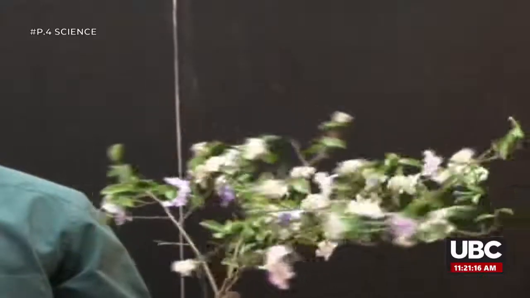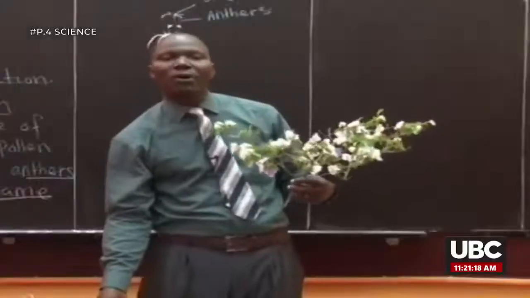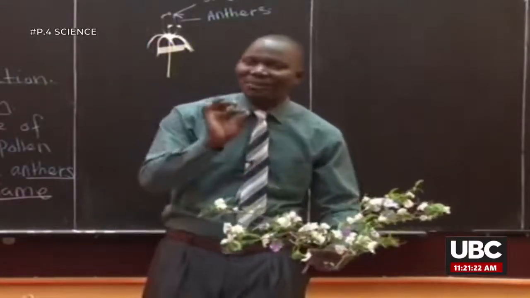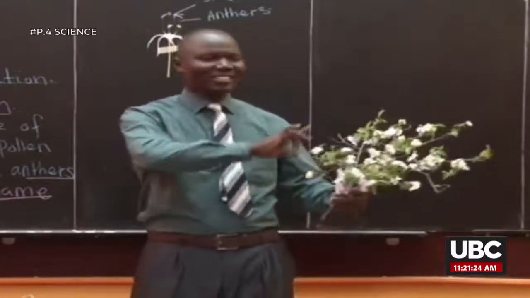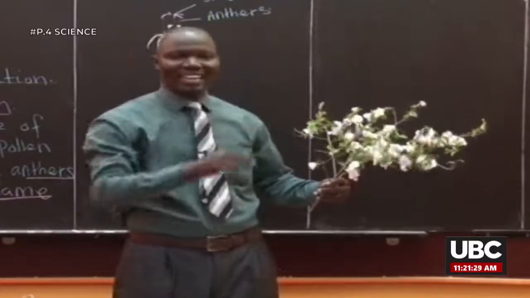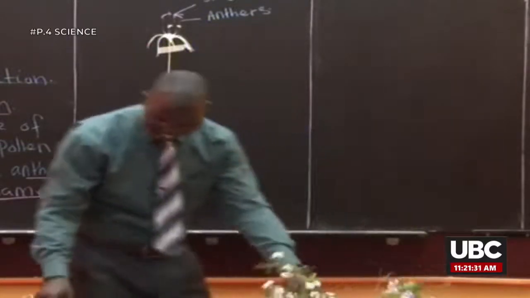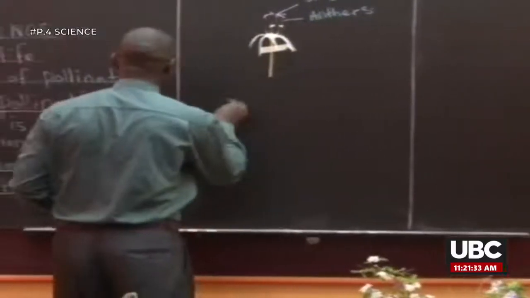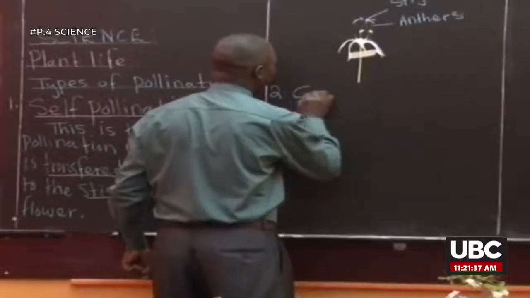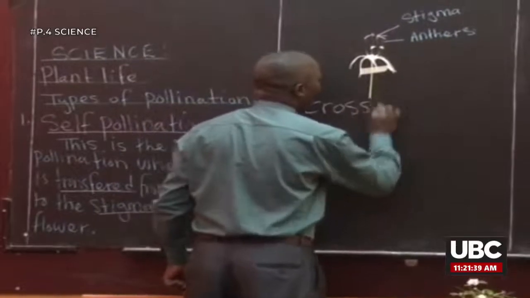And that type of pollination is the one we call cross-pollination. Cross-pollination, because it's moving from this way, crossing onto another flower. So our type number two is the one we'll be calling cross-pollination.